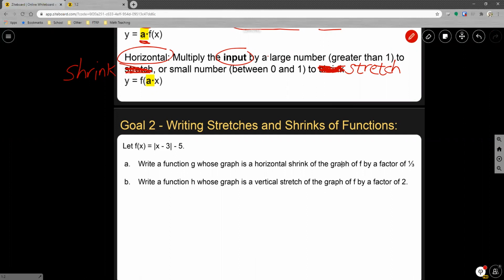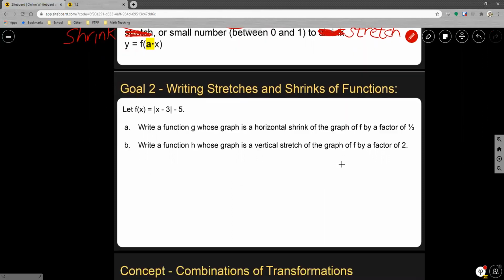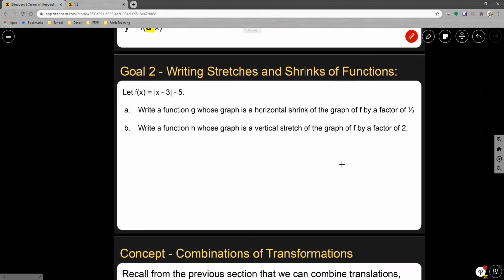What I'm going to do there is write a function g, which is a horizontal shrink of the graph by a factor of 1/3. And I'm also going to write a function h, whose graph is a vertical stretch of the graph of f by a factor of 2. So the first one is actually the harder one of the two, because I'm doing horizontal first.